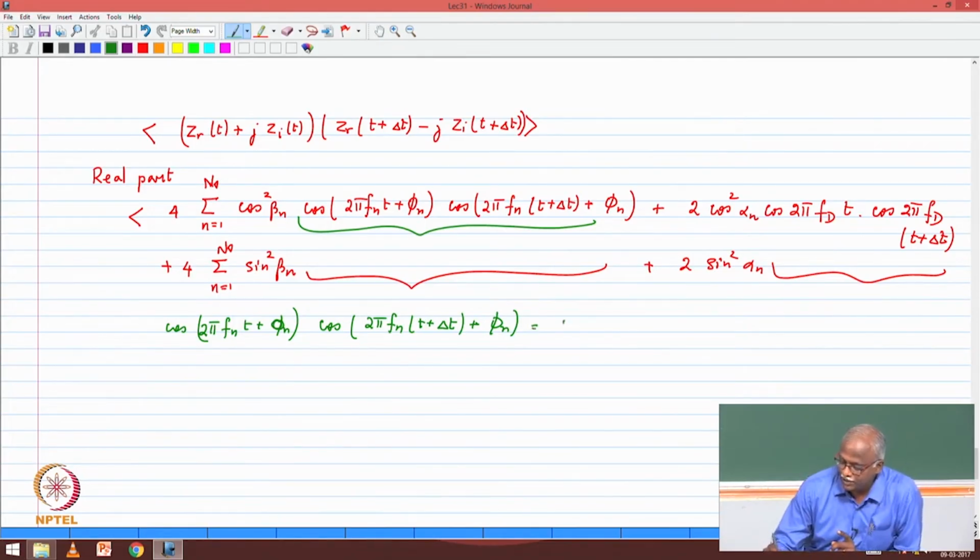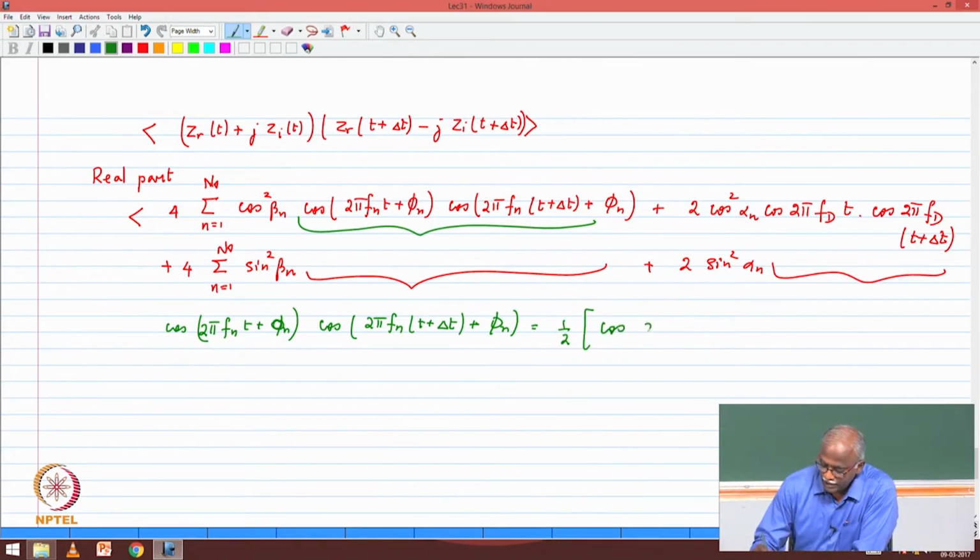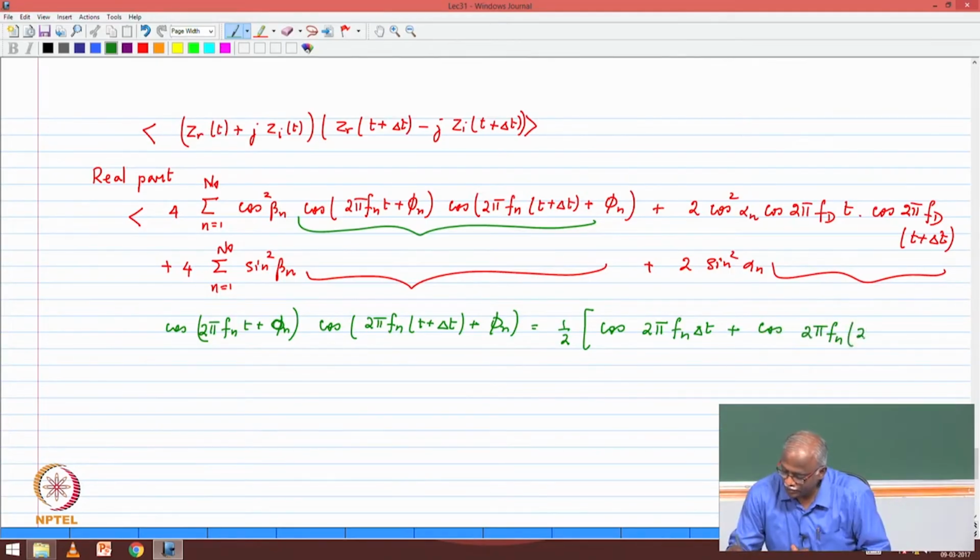This can be written as half of cosine 2 pi fn delta t. That will be one term, that's the difference term. The sum term will be cosine 2 pi fn 2t plus delta t plus 2 phi n.